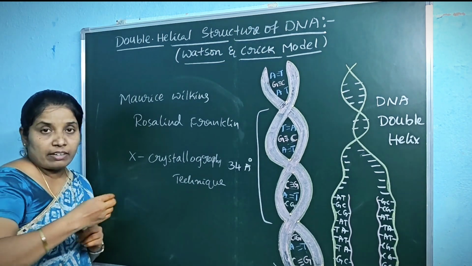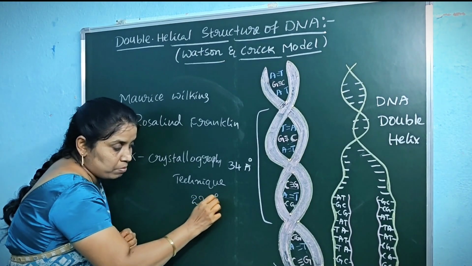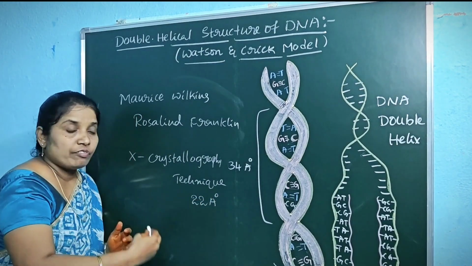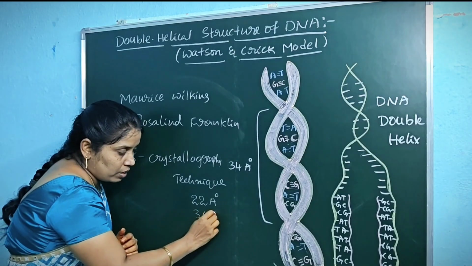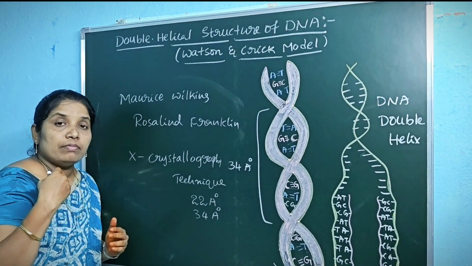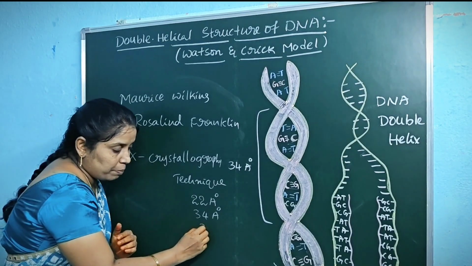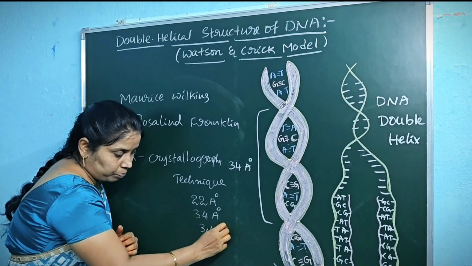They revealed that the diameter of DNA is 22 angstroms, the length of the helix is 34 angstroms, and the distance between two base pairs is 3.4 angstroms.